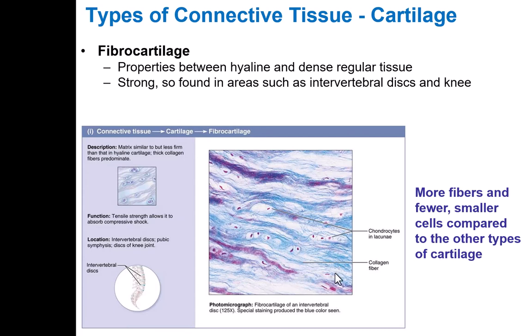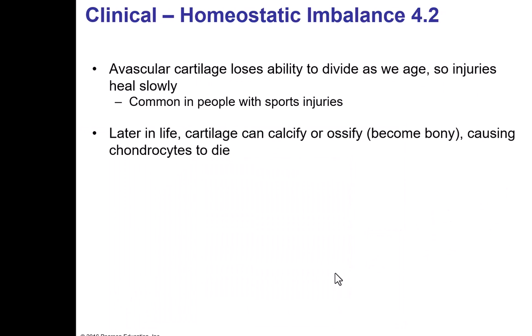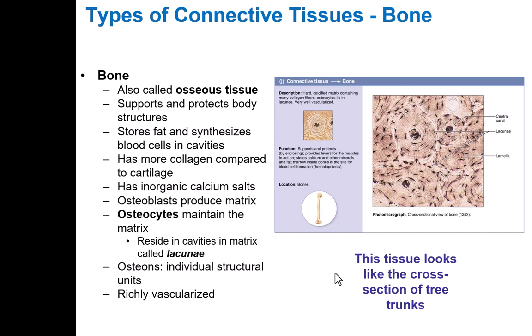All right, so we went through connective tissue proper, the loose and dense connective tissues, and then we went through the cartilages. Now let's look at bone. There's actually two types of bone, but we're going to focus mostly on what we call osseous tissue or compact bone tissue. This is something, again, like the adipose tissue.